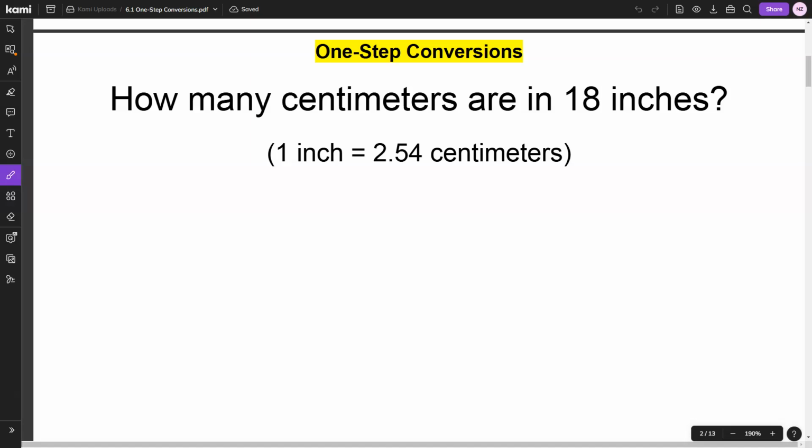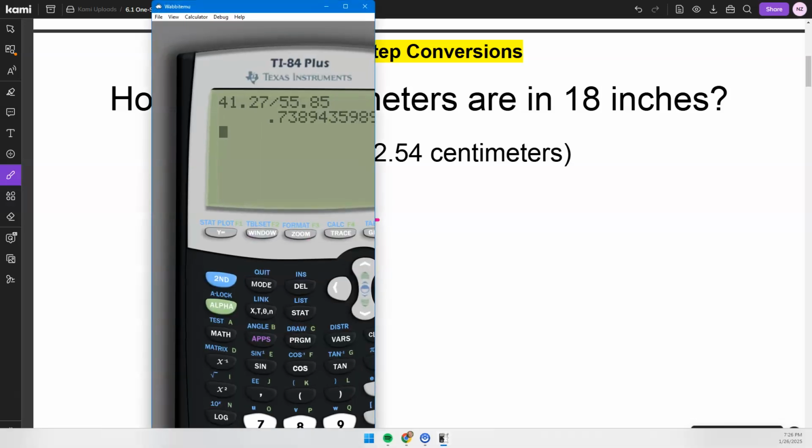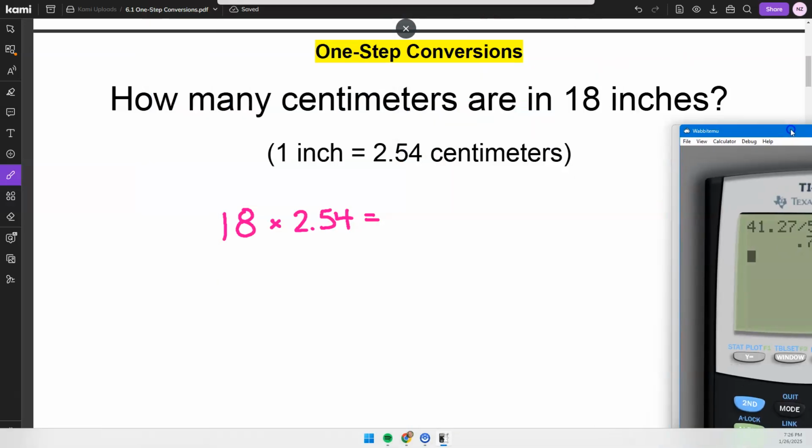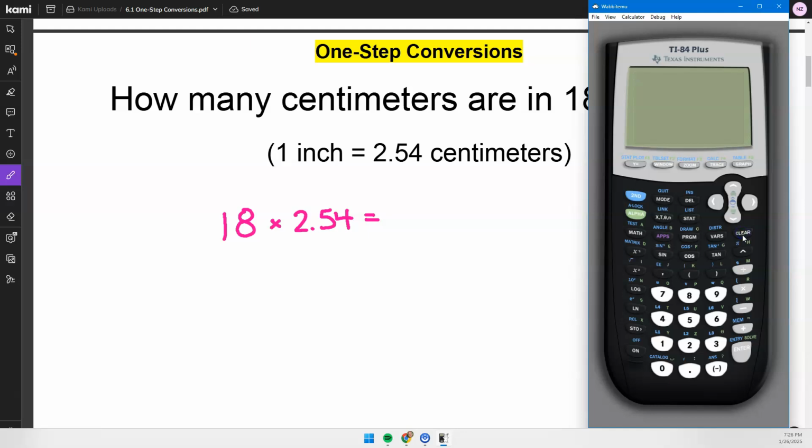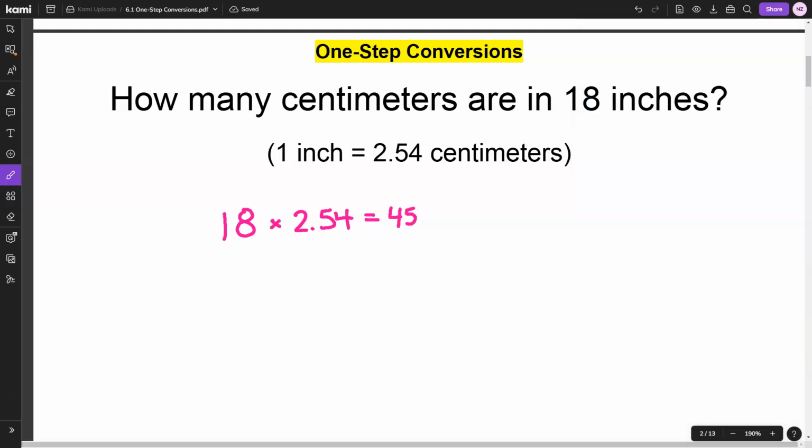So maybe you know that I'm just going to multiply 18 by 2.54 because in every inch there's 2.54 centimeters. All right, so let's pull out our calculator and let's do the math here. 18 times 2.54 is 45.72 centimeters.